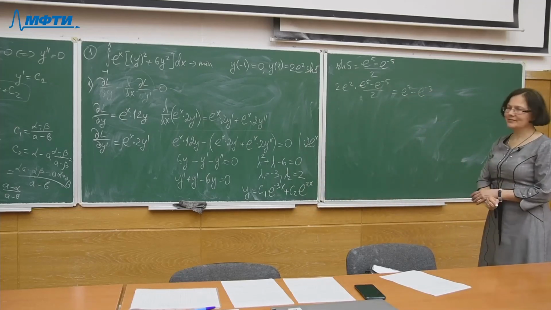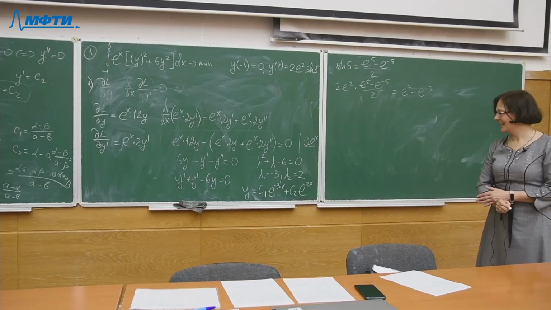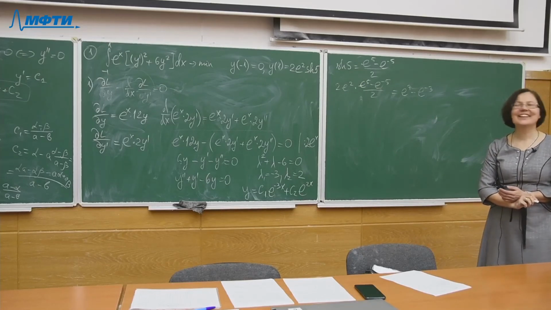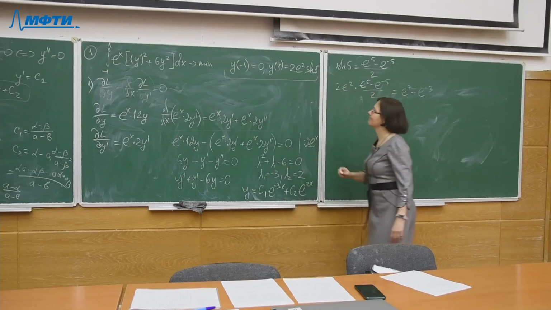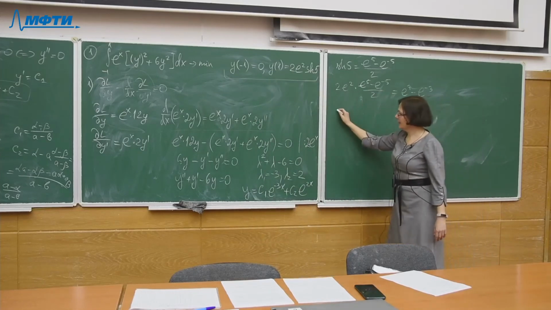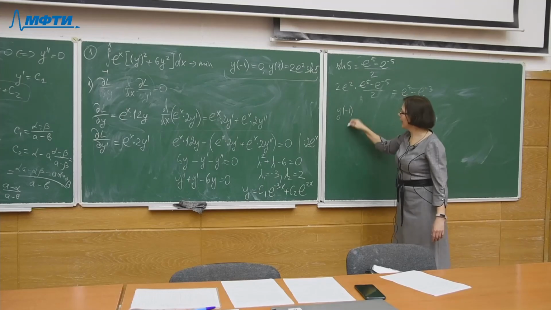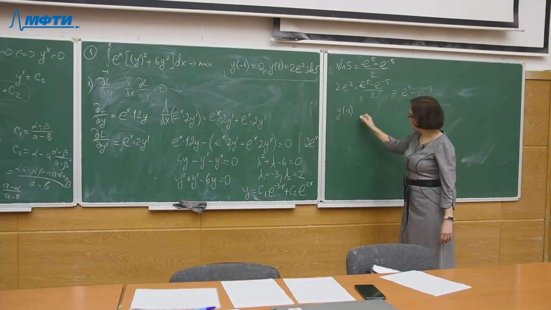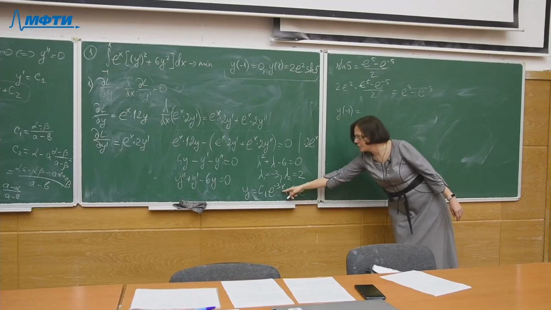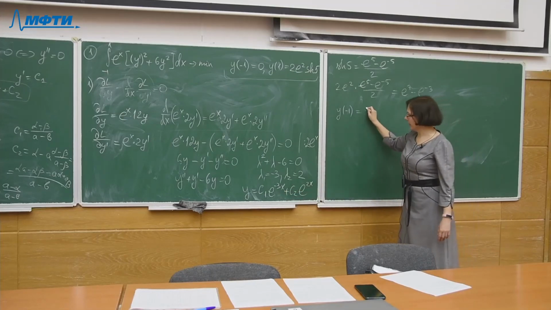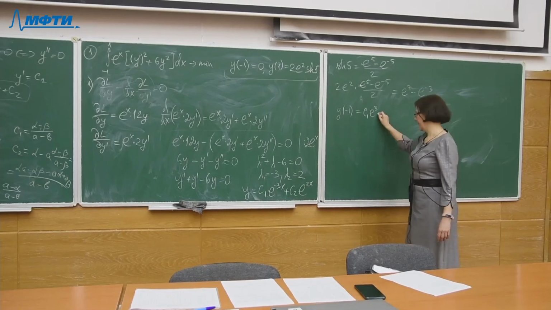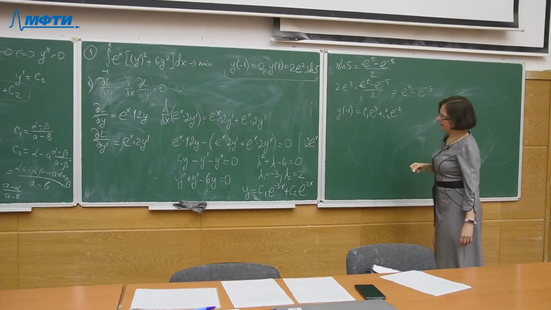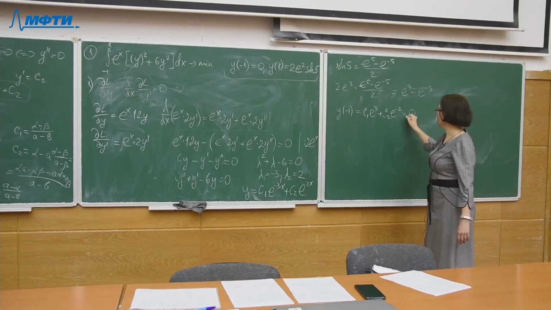What shall we do next? Is it the answer or not? No, we must use the initial conditions. So y of -1 must be equal to 0. If we substitute -1 for x, we get c1 e cubed plus c2 e to the power -2, and it must be equal to 0.